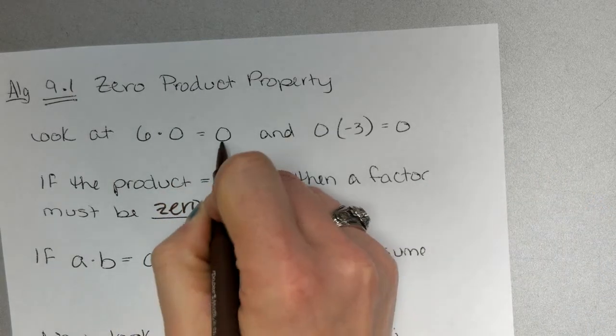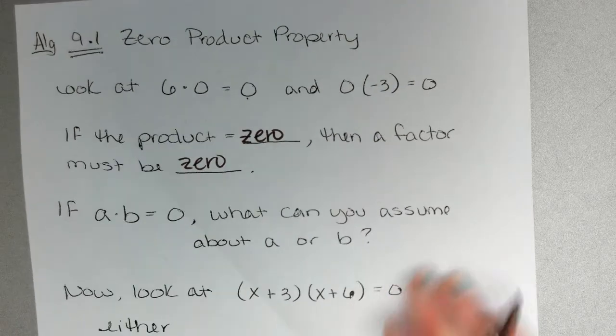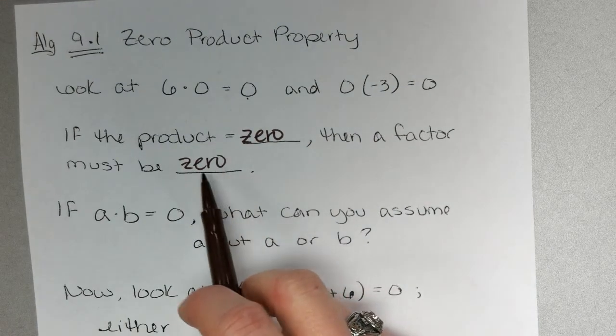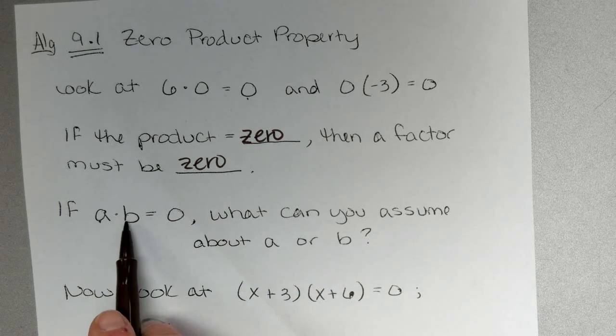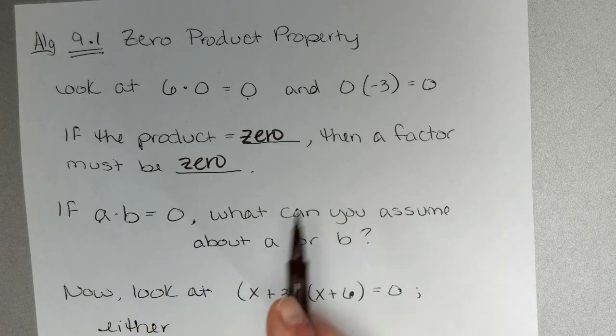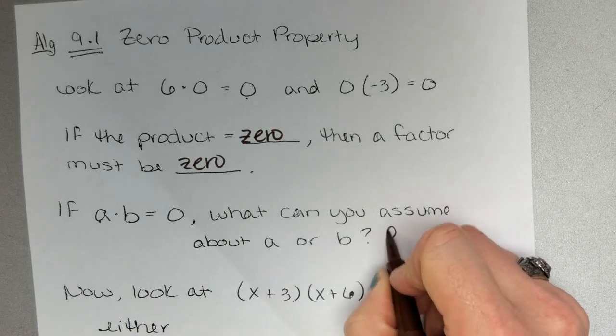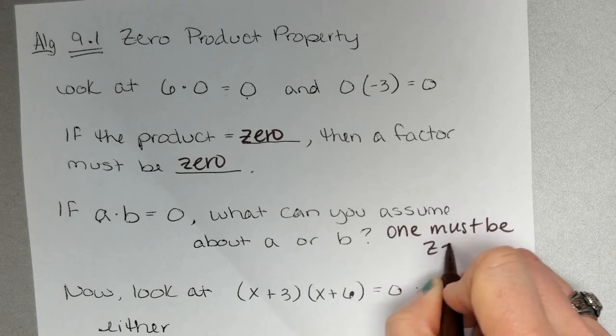Because the thing that makes the answer be 0 is that there's something you're multiplying by that makes it be 0 as well. So there has to be at least one factor that is 0. So if you have any number times any other number and that equals 0, what can you assume about those two numbers? One must be 0.